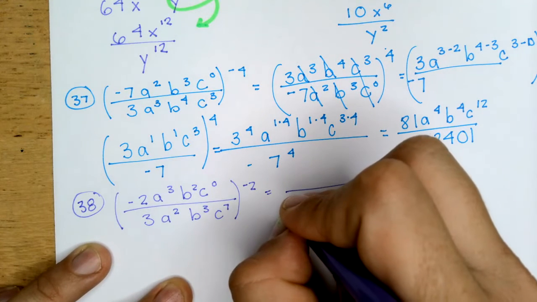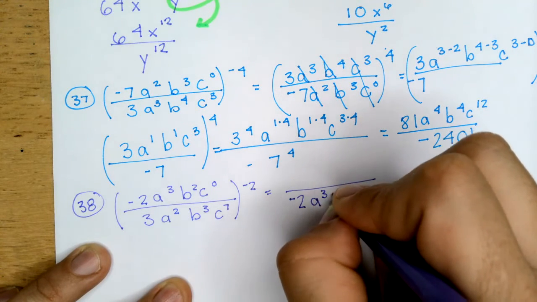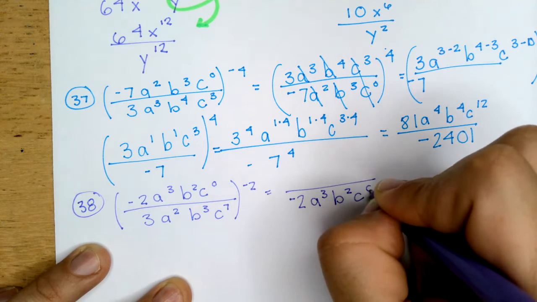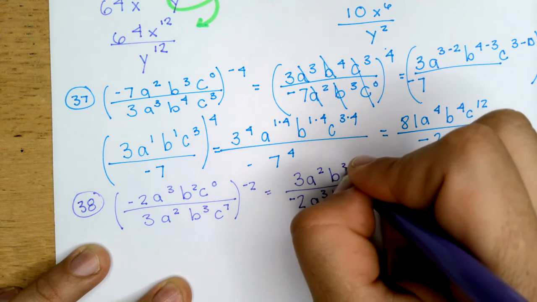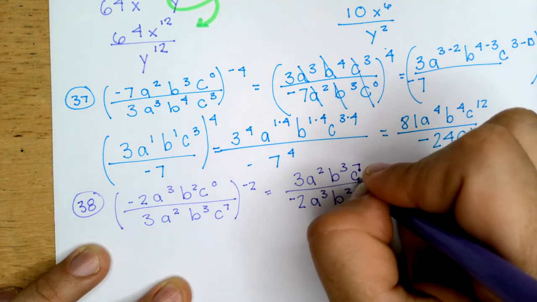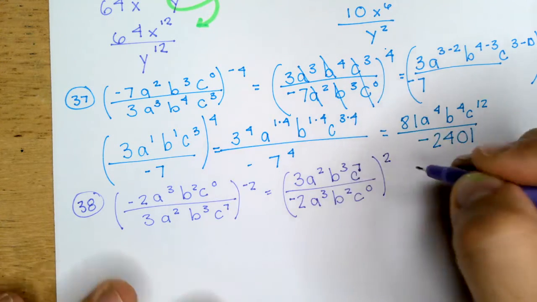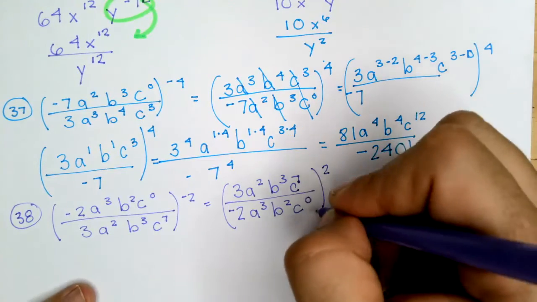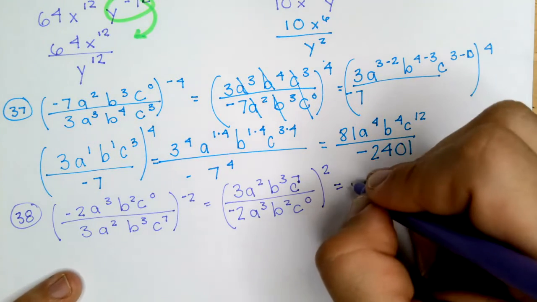So that becomes -2a to the third b squared c 0 over 3a squared b to the third c to the 7th, now that -2 is a +2. We flipped it so that the negative exponent would become a positive exponent.